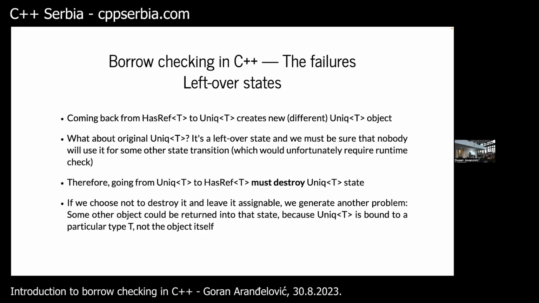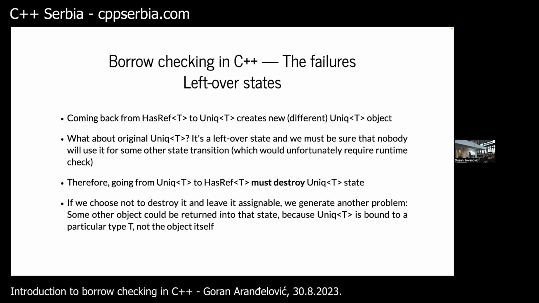So you will create a different unique T object. But what will happen with the one that you started with? Let's say you start from one unique T, okay? You create your reference, and then you consume it. You get back some other unique T.